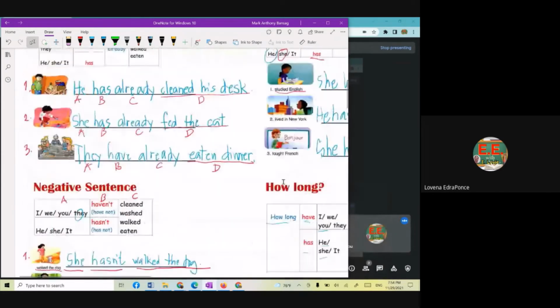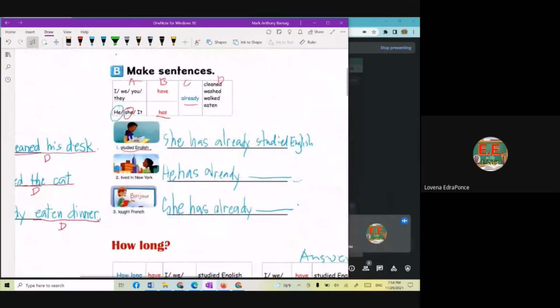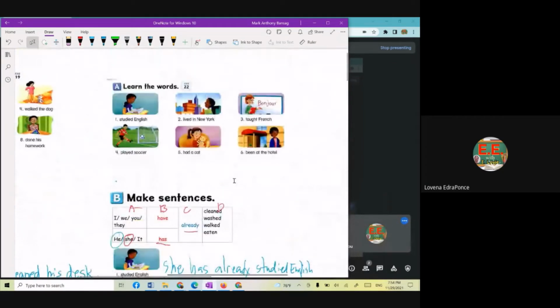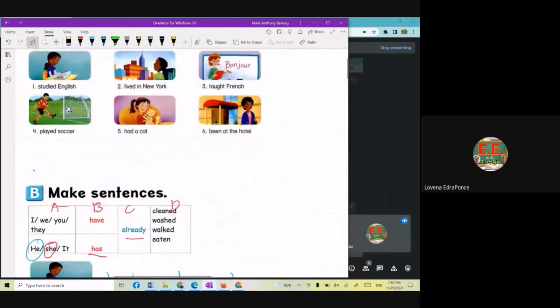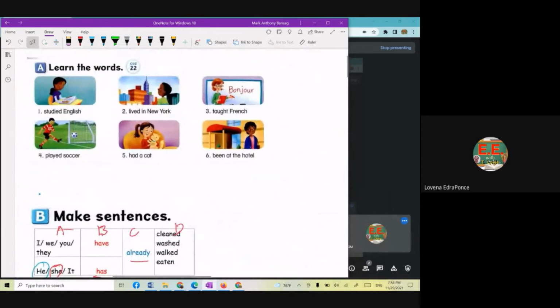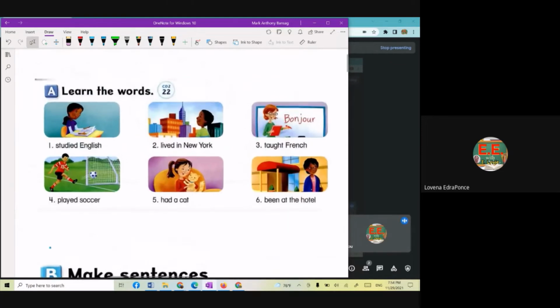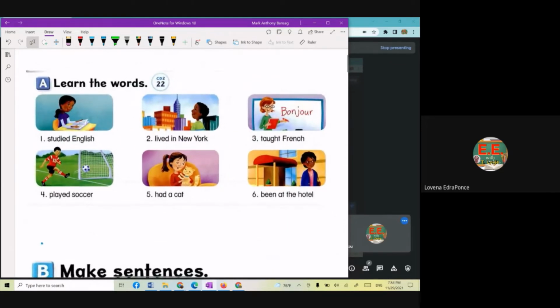Now for this one, let's listen one more time. Page 50. Let's learn. A. Learn the words. Number 1. Studied English. Number 2.